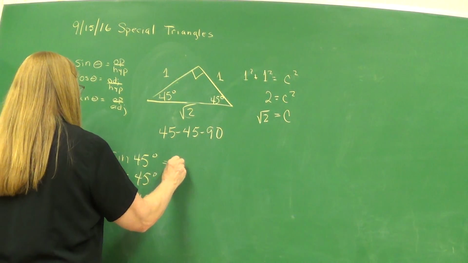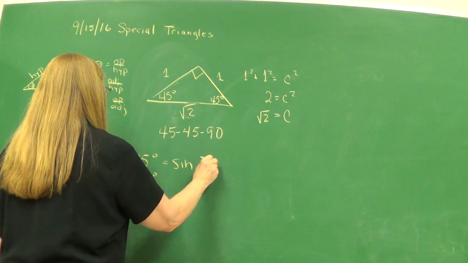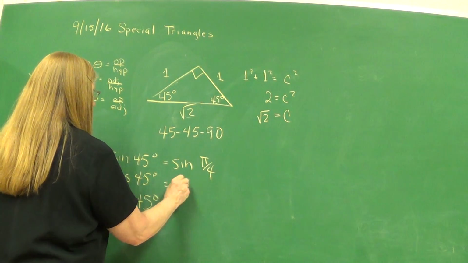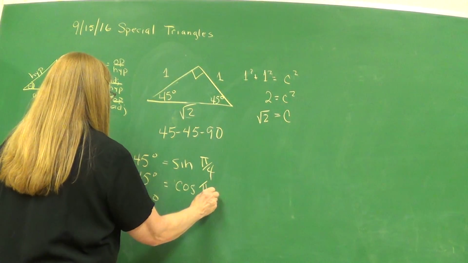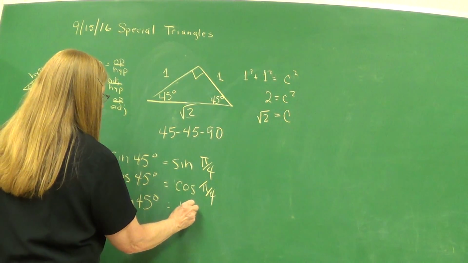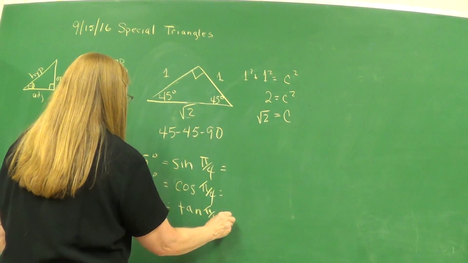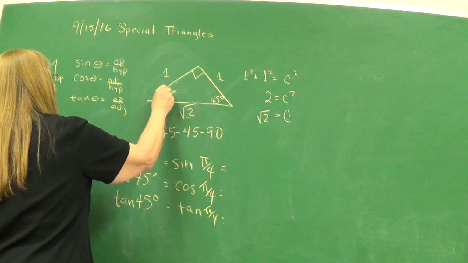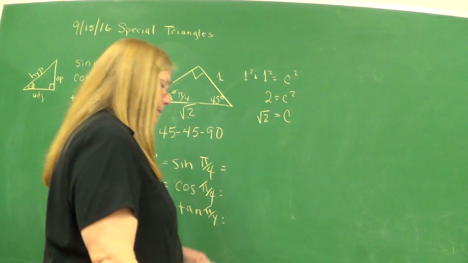And that's going to be the same in radians, pi over 4. That's what 45 degrees is equal to. So you'll have to recognize it when it's in radians and when it's in degrees. So this could be called pi over 4 or 45 degrees.